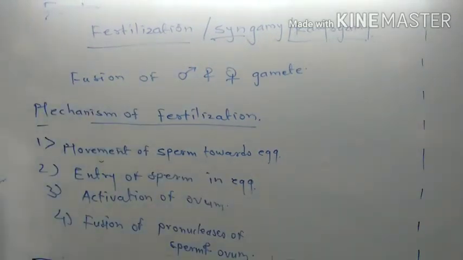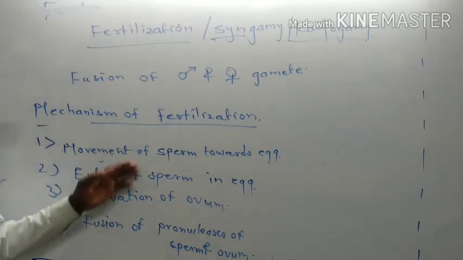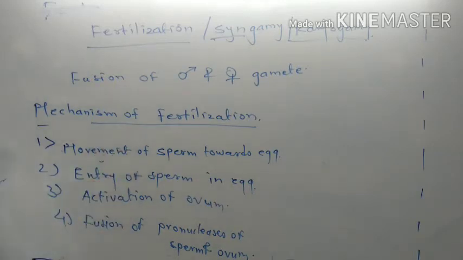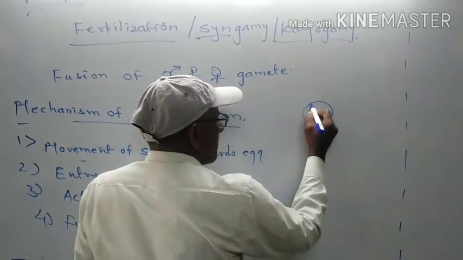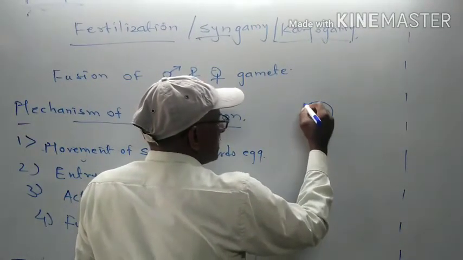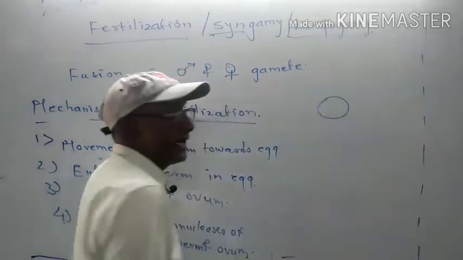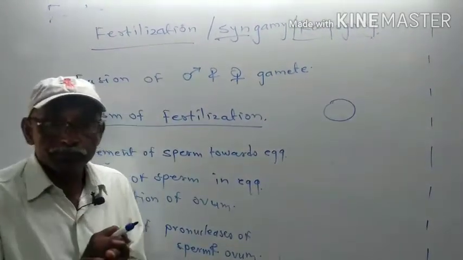So the mechanism of fertilization is completed mainly in 4 steps. The ovum is present in the fallopian tube.